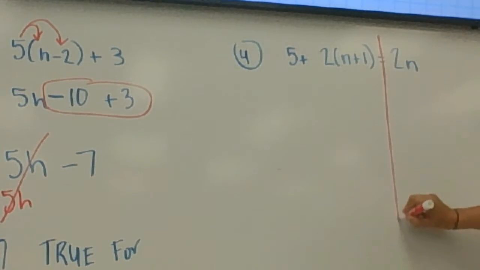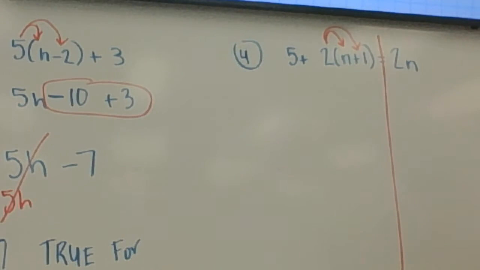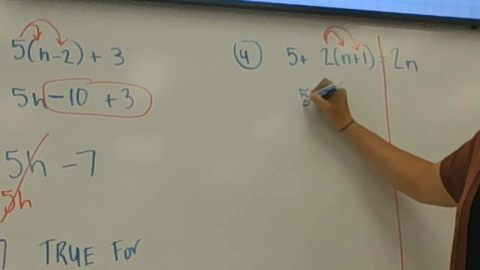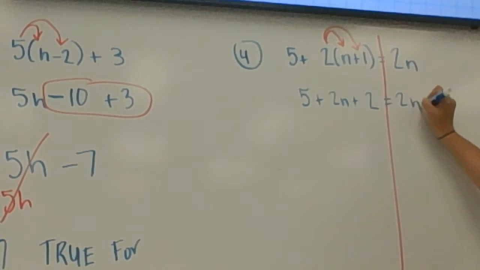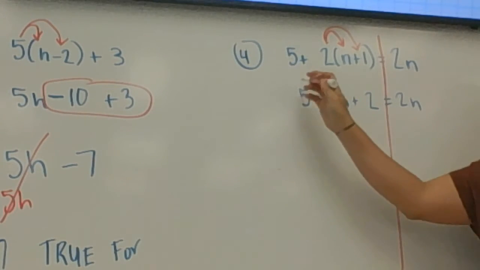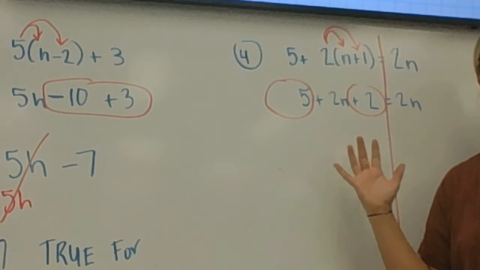Okay, let me put my line in and do my distribution. Okay, Benjamin, before I start moving things around, what should I do? Combine those like terms. Best practice. Best process. So 5 and 2 are on the same side of the equal line.